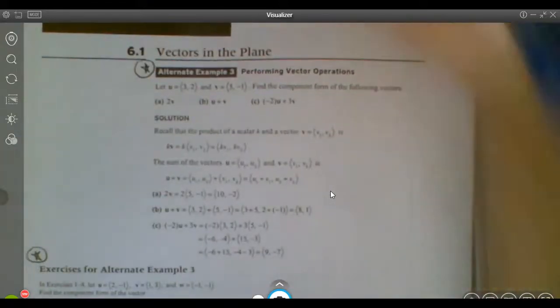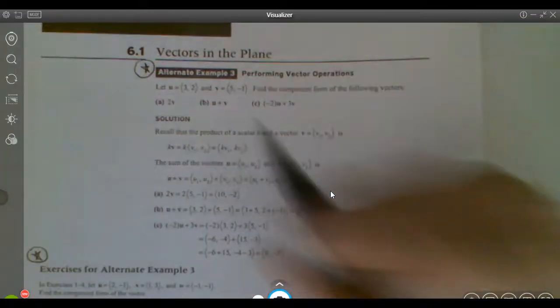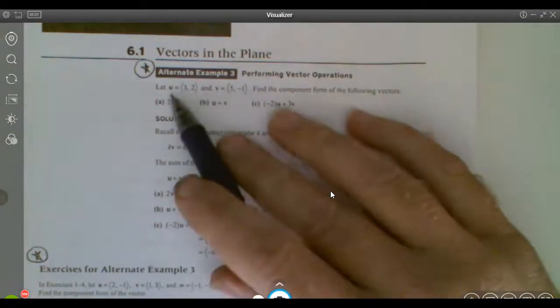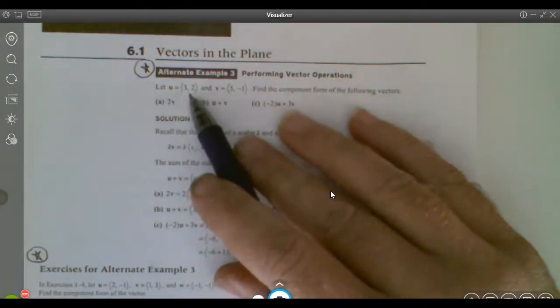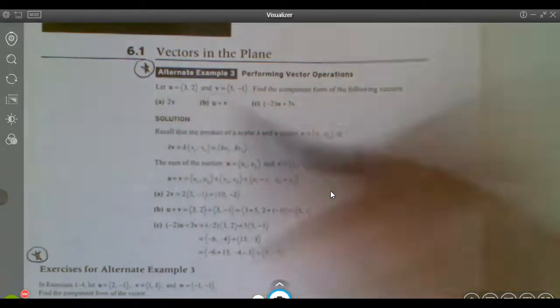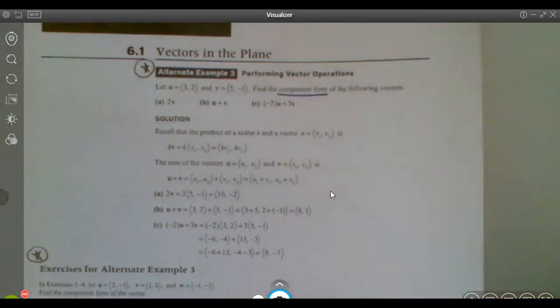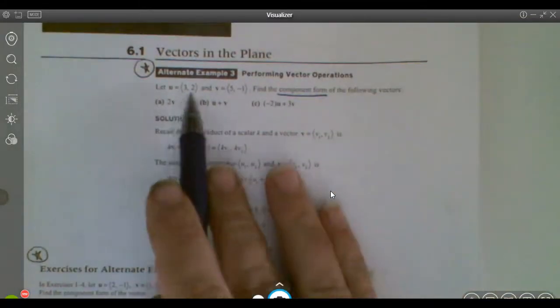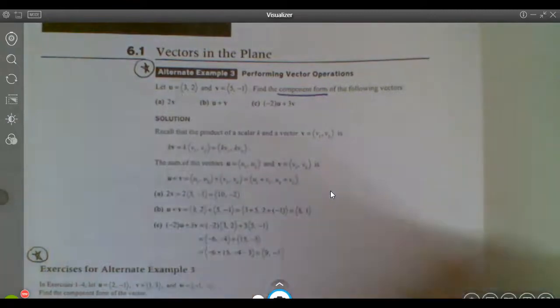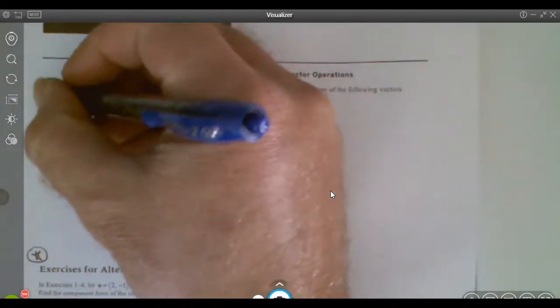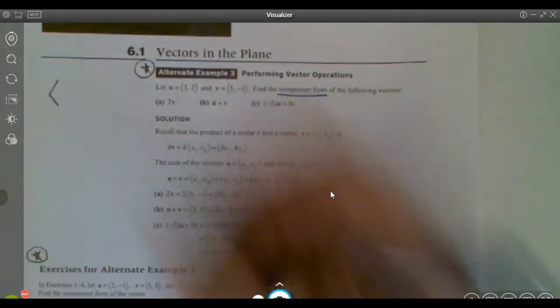All right, so on this one, they're identifying a couple vectors for us. So they're saying vector u is these components right here. Guys, this, by the way, is called component form, just like you see right there. Component form is where those are not parentheses. It might be a little unclear, but it looks like a sideways V. So it says 3, 2.